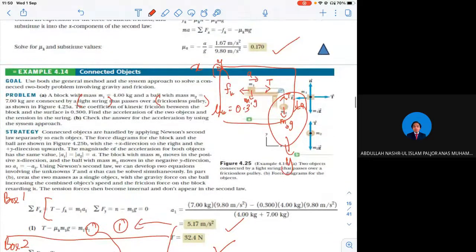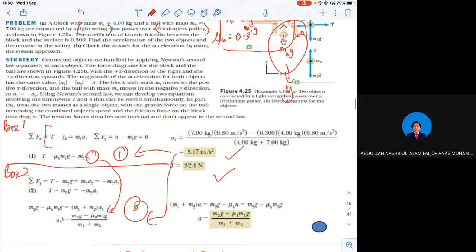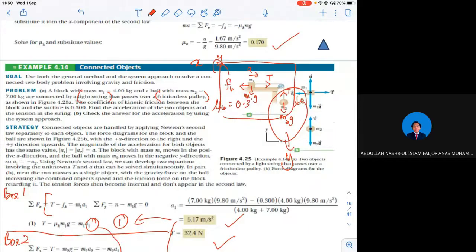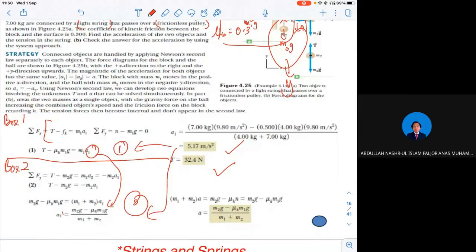The last question is to check the answer for the acceleration by using the system approach. So you are using another way to get the acceleration. The 32.4 is based on equation number 1.